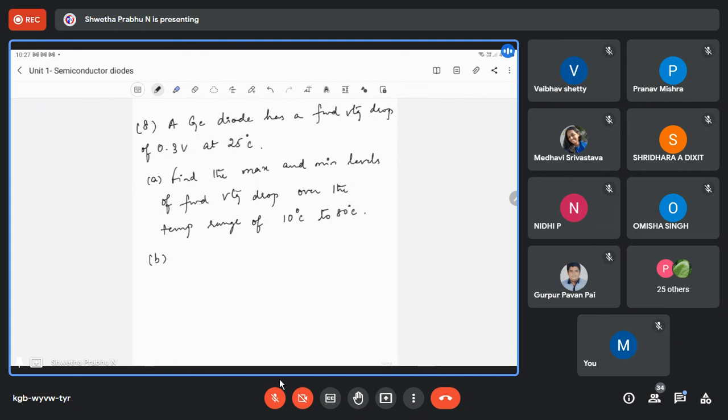Second sub-question. Find junction dynamic resistance. What do you mean by junction dynamic resistance?